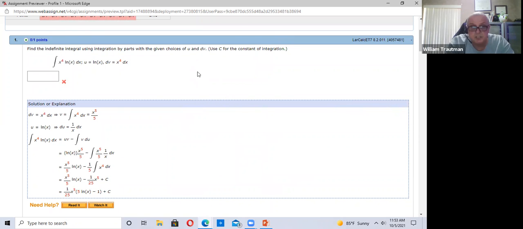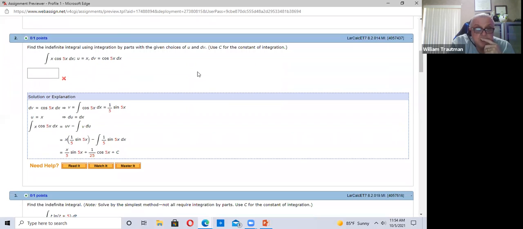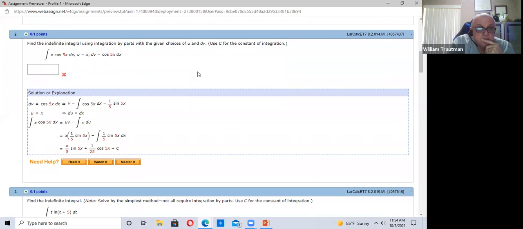All righty, let's see what else we have here. And just more of the same. Once again, I will post this. I'd have that sheet in front of me, because if you don't have this help, it wouldn't be wrong. You see, they're saying u is x, but it wouldn't be wrong if you label that dv and then you label this u.